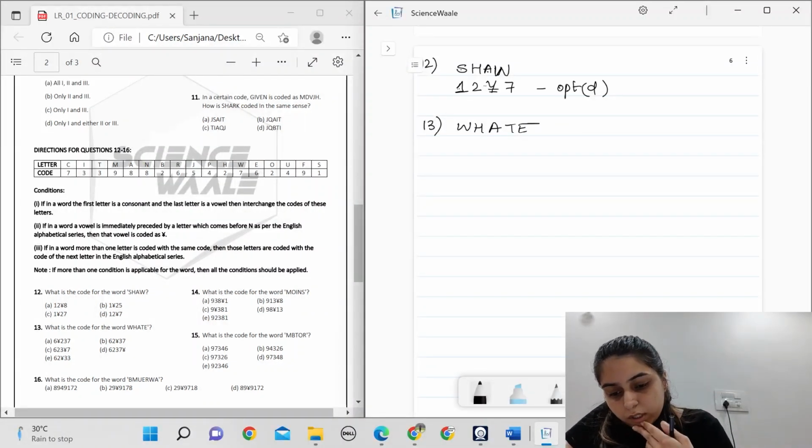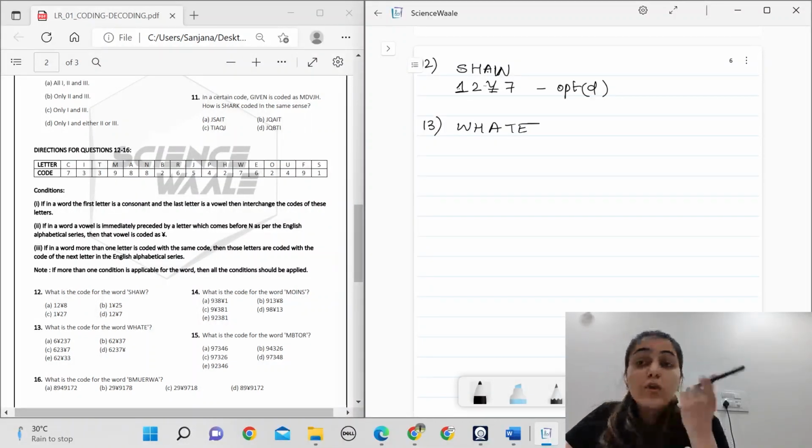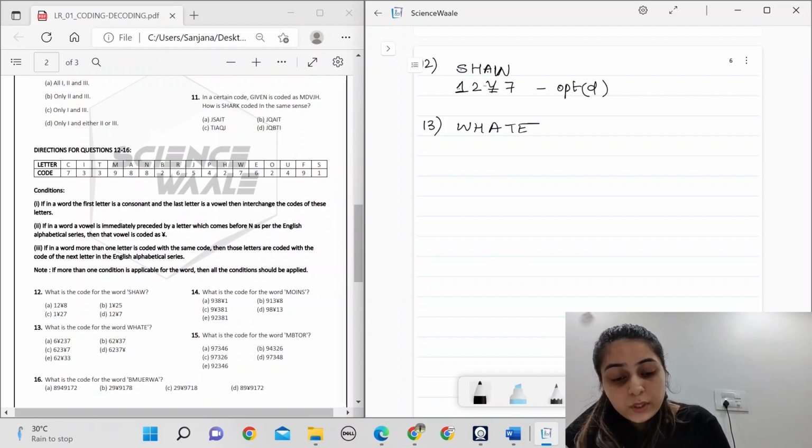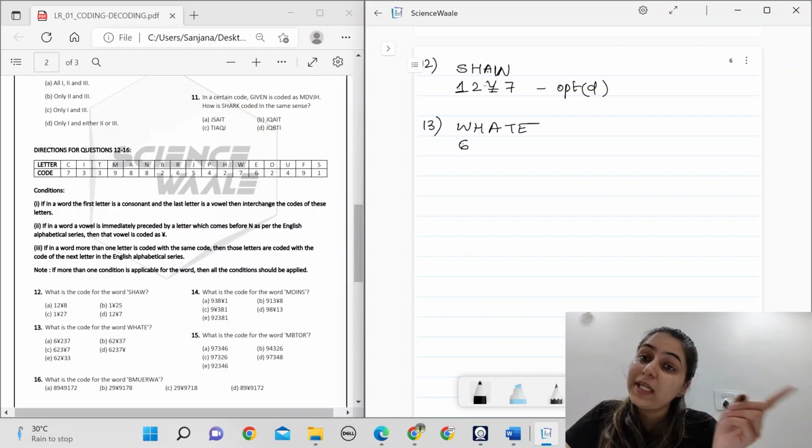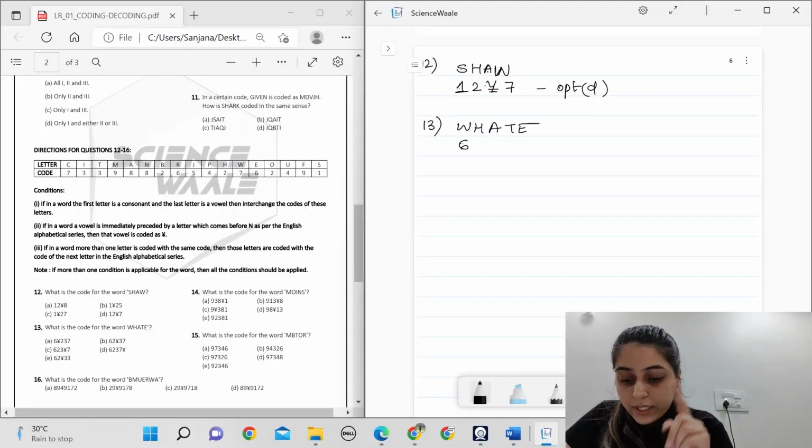So for W it's 7 and for E it's 6. So we need to interchange it. For W we'll write the code of E. For E it's 6, so we'll write 6, and for E we'll write the code of W. For W it's 7, so we'll write 7.